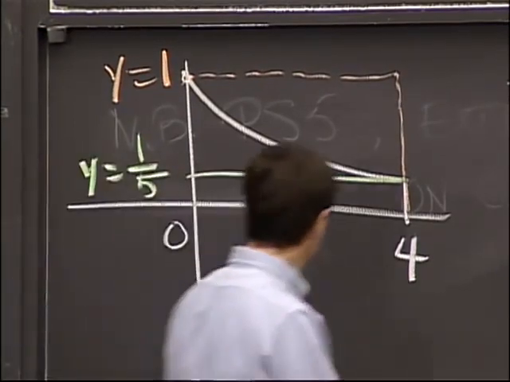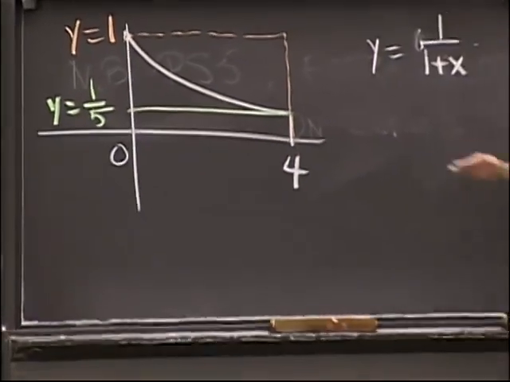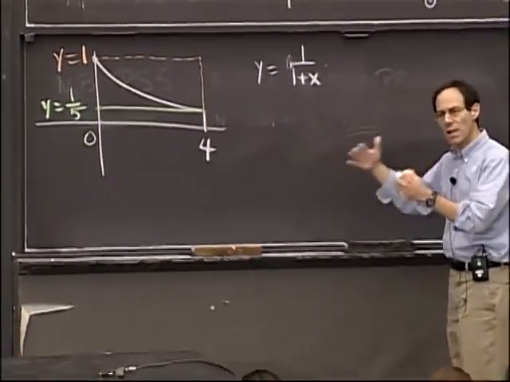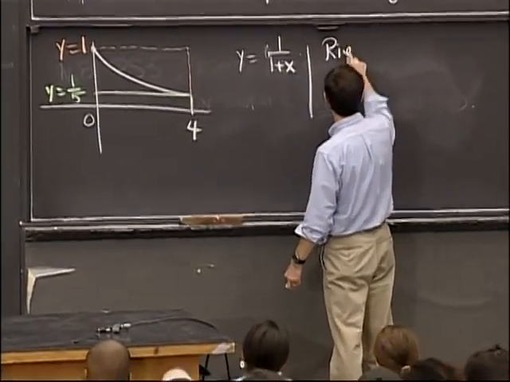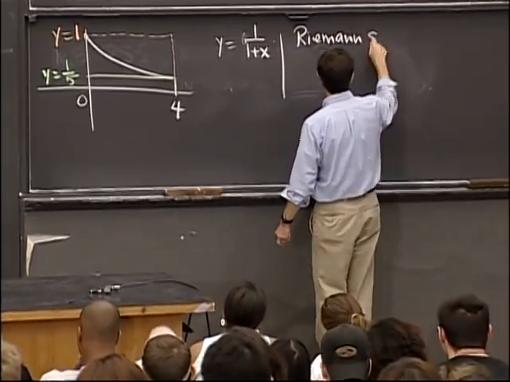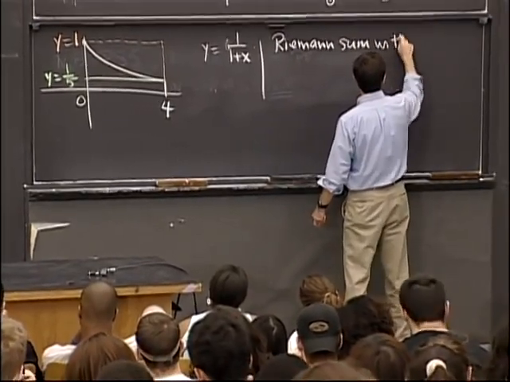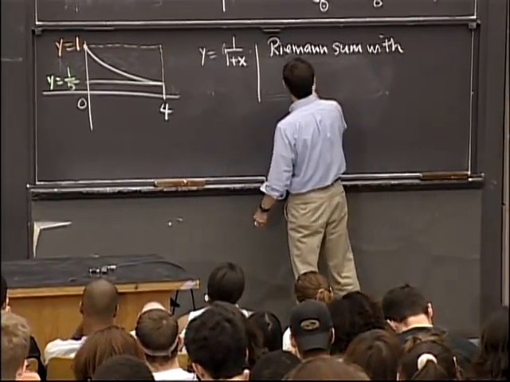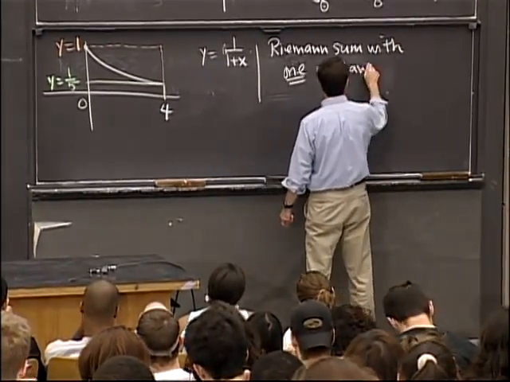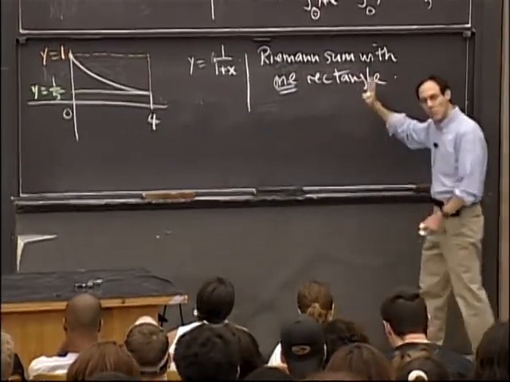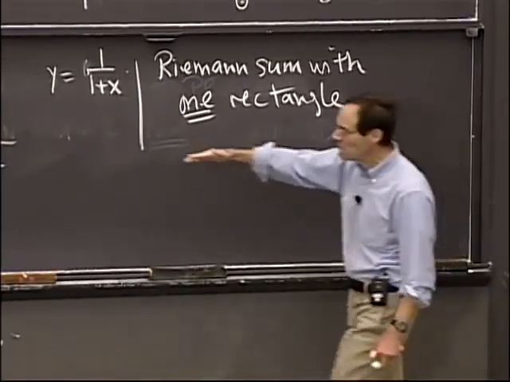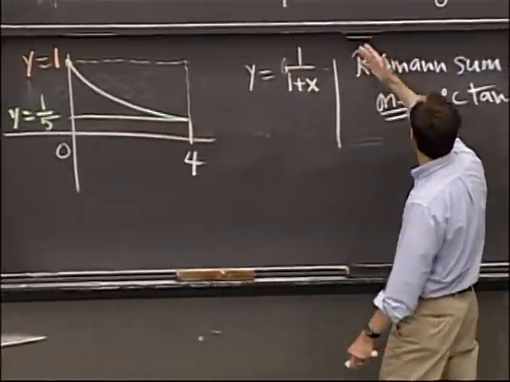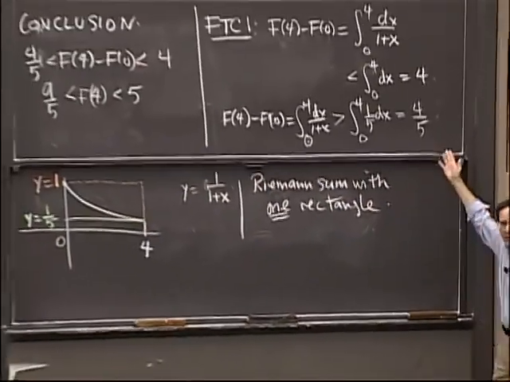And so what these really are is the simplest possible Riemann sum, sort of a silly Riemann sum, with one rectangle. This is the simplest possible one. And so this is a very, very crude estimate. You can see it misses by a mile. The larger and the smaller values are off by a factor of 5.